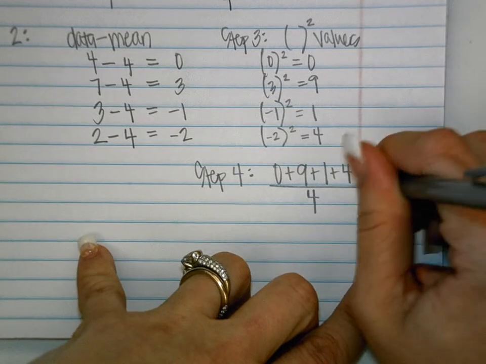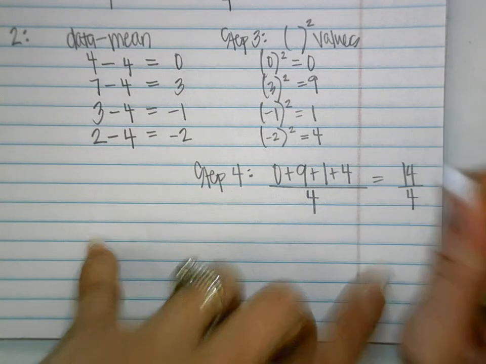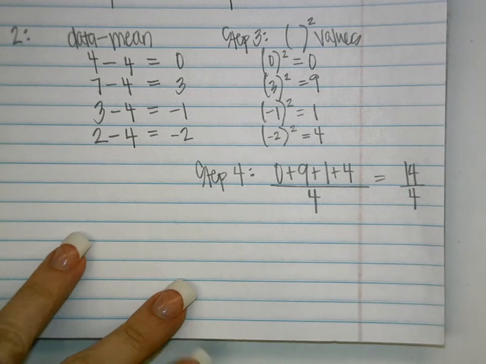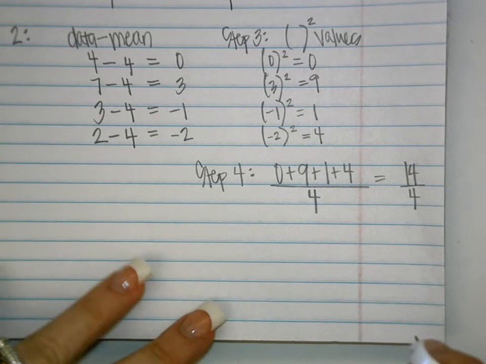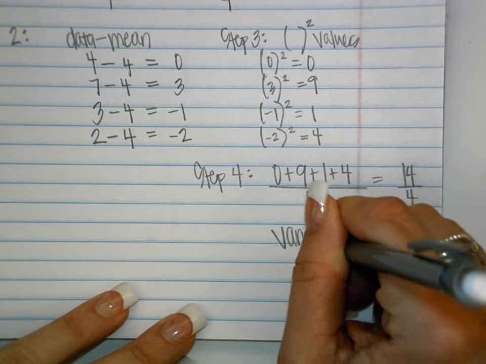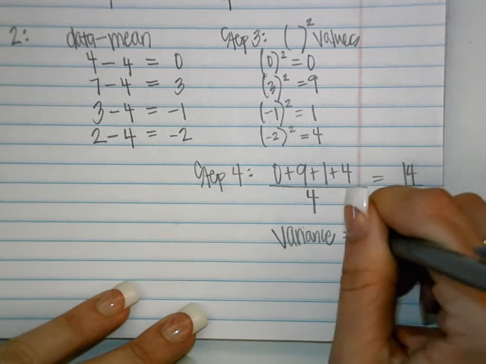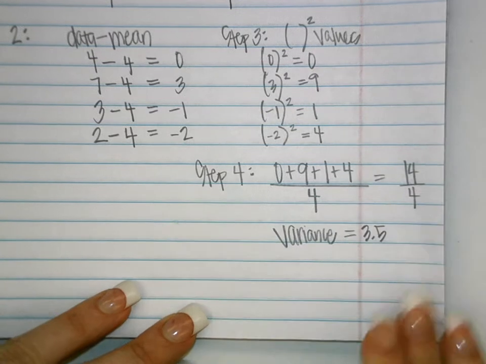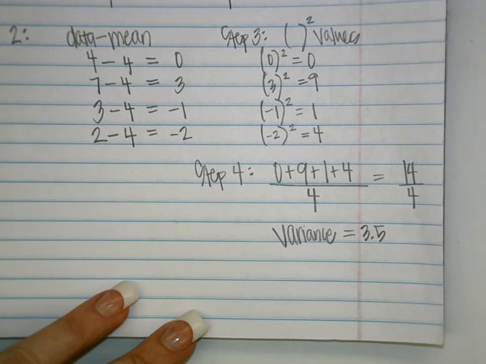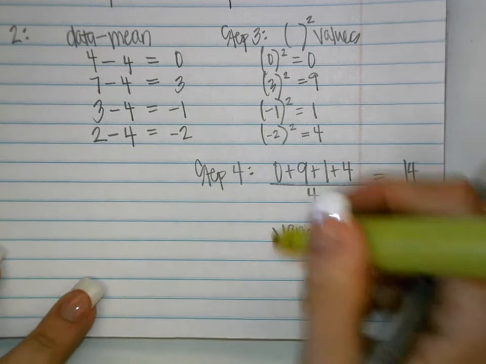We got 14 divided by 4. I would recommend writing it as a decimal. You can use a calculator on this, so I do want you to give me decimal answers. So the variance, which is what we're trying to find, is equal to 3.5.